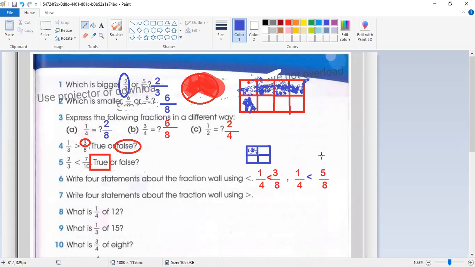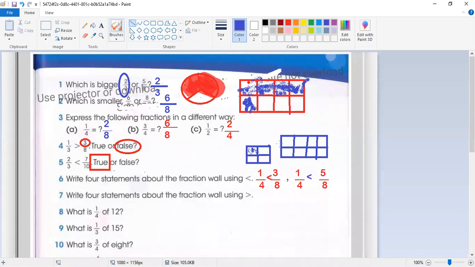If you look at the down number, what is it? The down number is the denominator. We call it in maths language the denominator. So when you look at the denominator, you will draw 8 pieces: 1, 2, 3, 4. Now how many will you color out of them? 3.